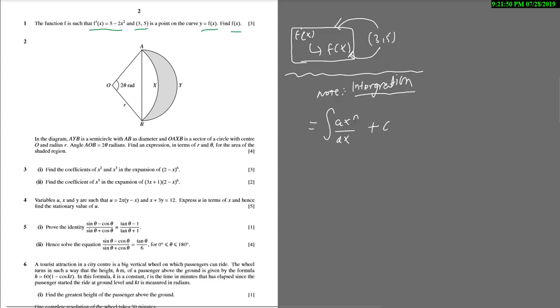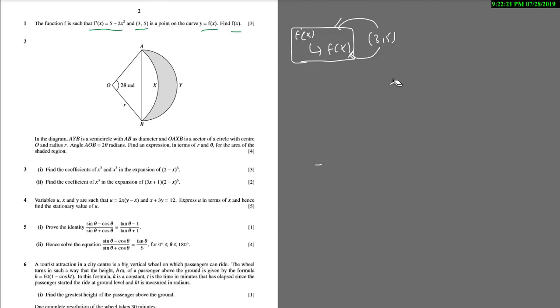We add 1 to the power, and we transfer that whole thing down to make it the denominator, so it is n plus 1. This is the whole process by which we do integration. So let's do it. Let me erase this.